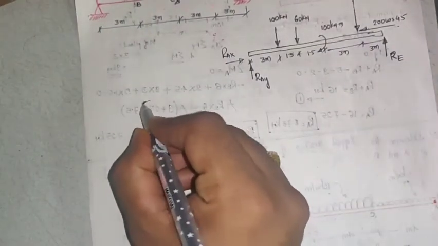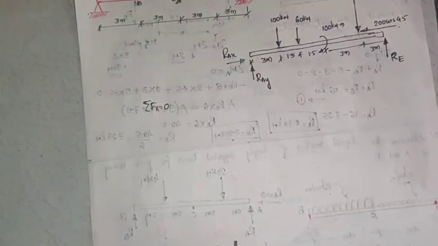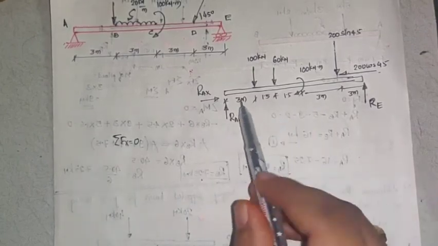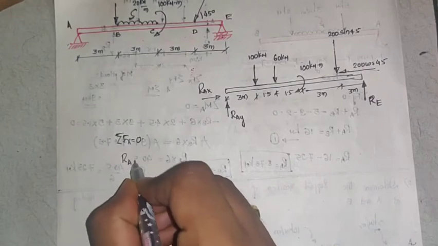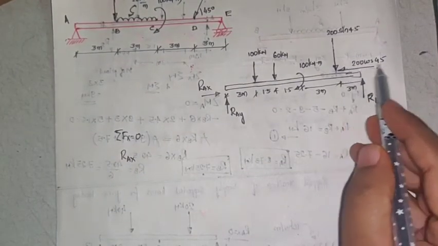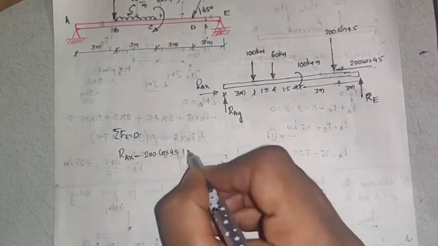So quickly moving to the first condition of equilibrium, summation Fx equal to 0. See how many forces are in the x direction. RAX acting rightwards, so I'll write this as plus RAX. Then 200 cos 45 acting leftwards, so I'll write this as minus 200 cos 45.